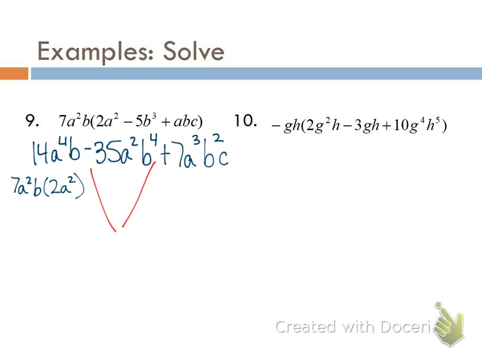The middle term came from 7a squared b times a negative 5b cubed. That's why we had a minus by the 35. And then that last term was 7a squared b times abc.